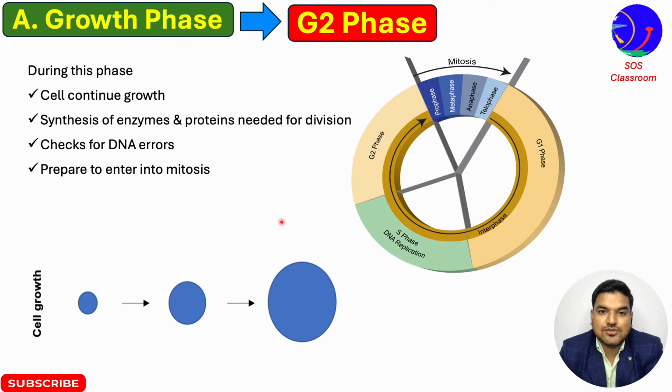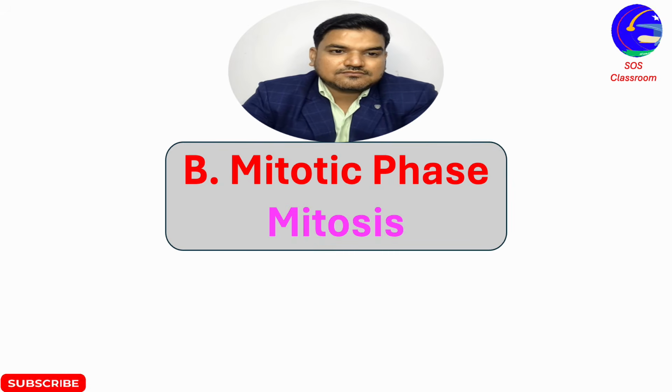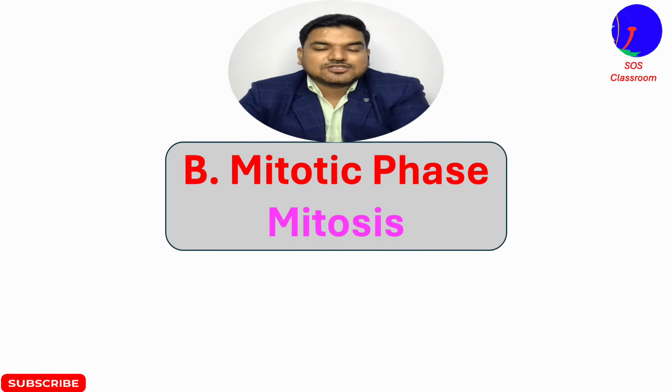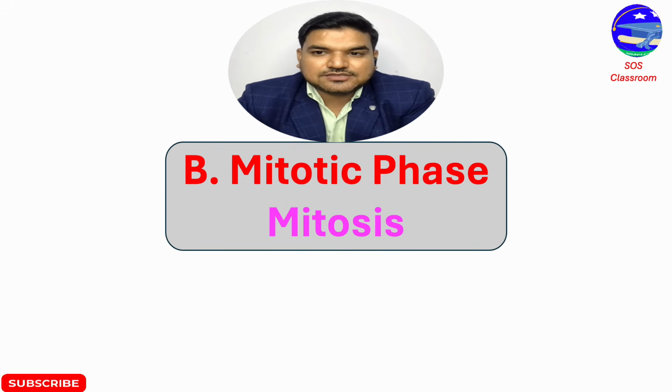G2 phase is continued growth of cells, synthesis of the proteins and enzymes needed for cell division, and checking for any errors in the DNA, and then preparing to enter mitosis. So these are the three phases that occur in the interphase. Now we start mitosis. In the mitotic phase, first of all we discuss mitosis.